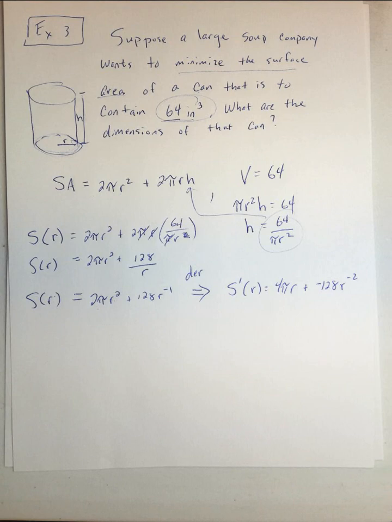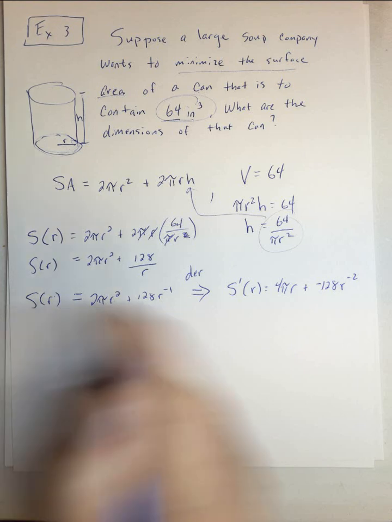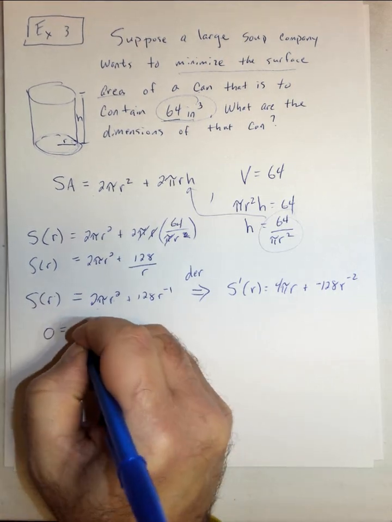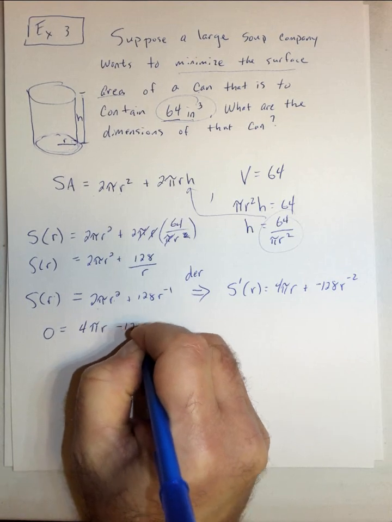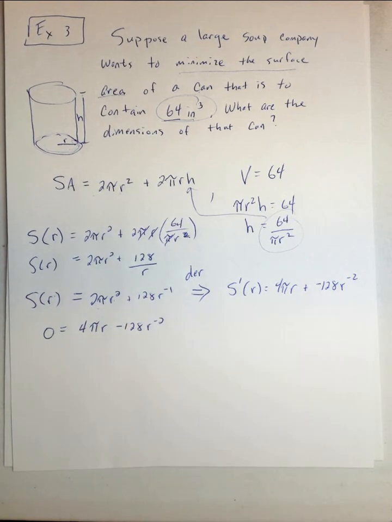And then remember the next step. The next step is to make sure that we are setting this equal to 0. So we're going to go ahead and do that. We're going to set this equal to 0. So 0 equals 4 pi r minus 128 r to the negative 2.